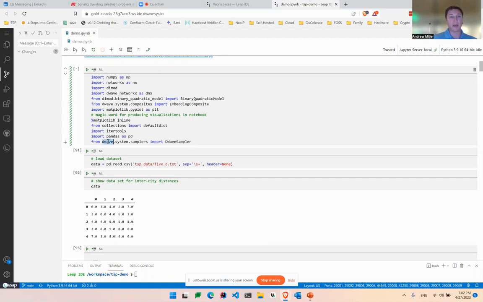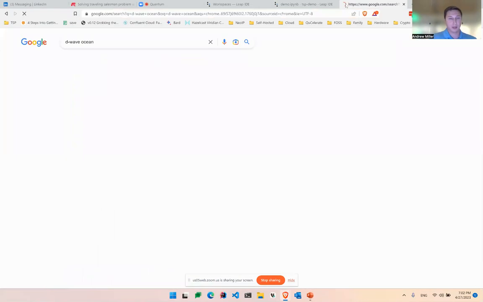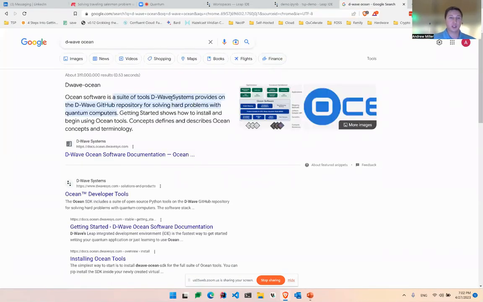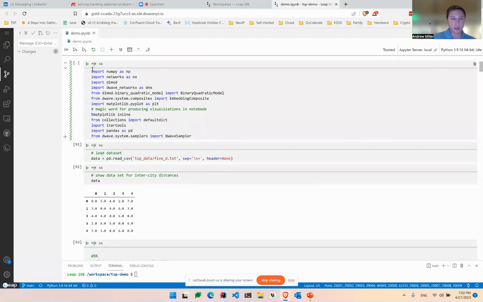And this D-Wave system is coming from what they call D-Wave Ocean. It's basically a suite of different tools that they give you to build applications and run experiments using their hardware. So I'm going to run the import.